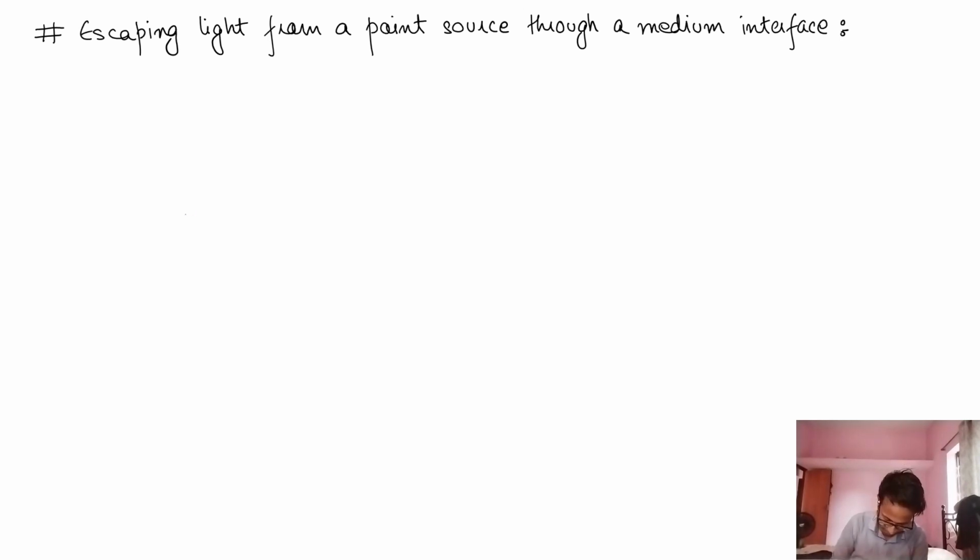Suppose there is a medium interface out here. This is water with refractive index of water, and this is air. Total internal reflection only happens when the ray of light is traveling from a denser medium to a rarer medium. So suppose there is a point source of light.